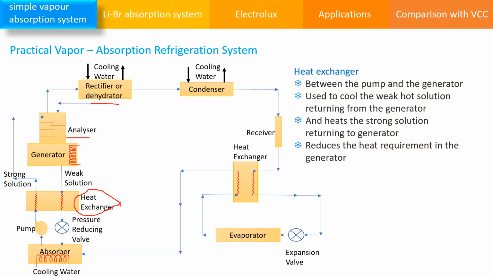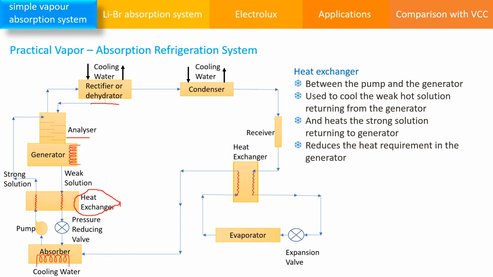So it contains two lines. One is the weak solution which is leaving the generator and going towards the pressure reducing valve, and the other one is the pumped strong solution which is going to the analyzer.